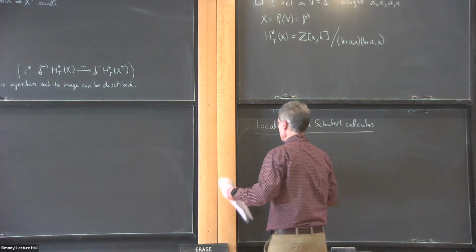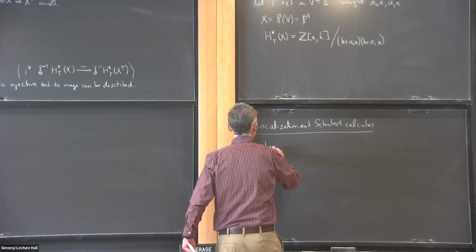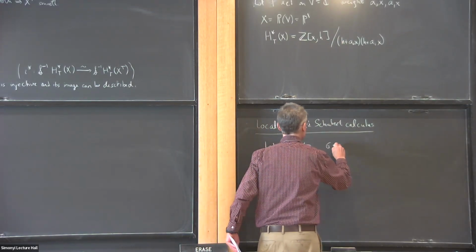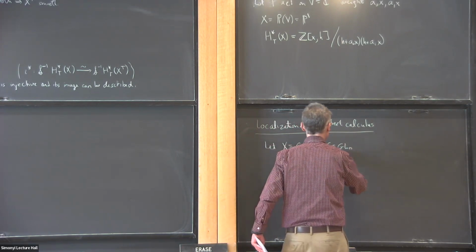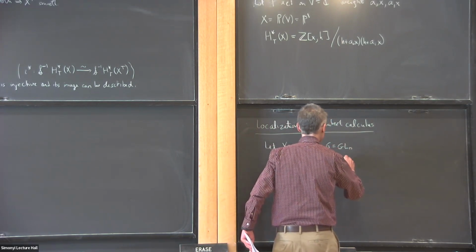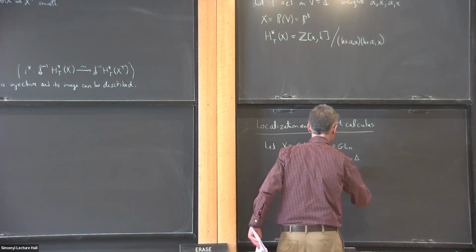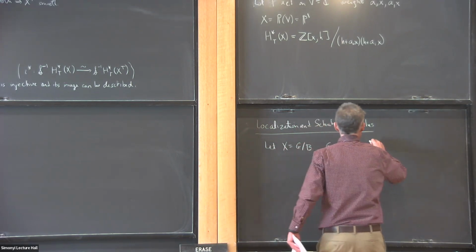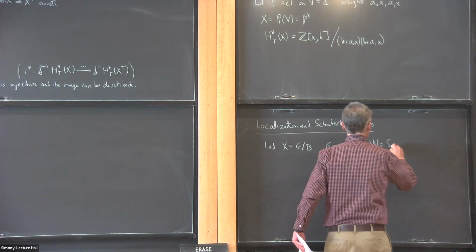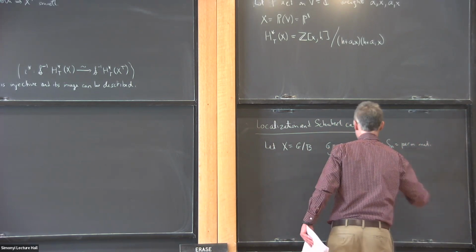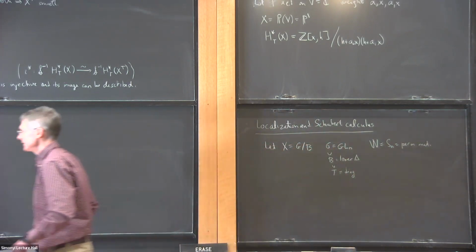So now let X be equal to G mod B, where again G is to be thought of as GLn, B is the lower triangular matrices, T is the diagonal, and W is Sn, the permutation matrices.